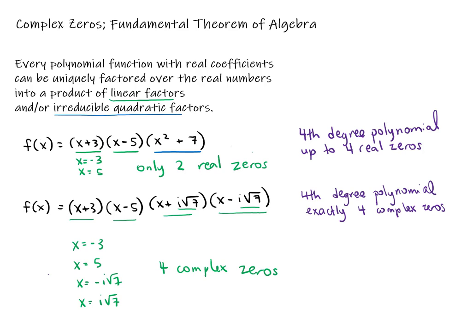But if we're allowing ourselves to have complex zeros, then for this exact same 4th degree polynomial, we will have exactly 4 complex zeros, where 2 of those are real, but 2 of those are strictly complex, not real. And so we can take that irreducible quadratic and break it down into smaller linear factors if we allow some of those constants to be imaginary or strictly complex.